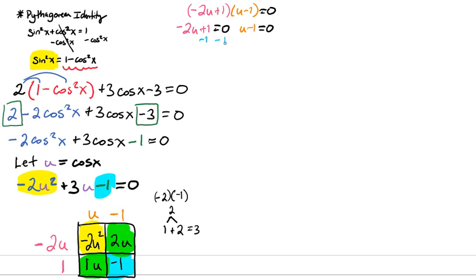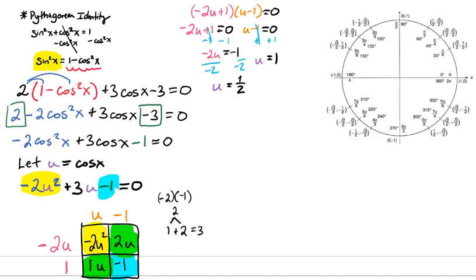Then we can solve both sides for our u's. And once we have both of our u's solved for, from there, we're able to use our unit circle. So remember that u is for the cosine of x. So we have the cosine of x equals 1/2, and that the cosine of x equals 1.